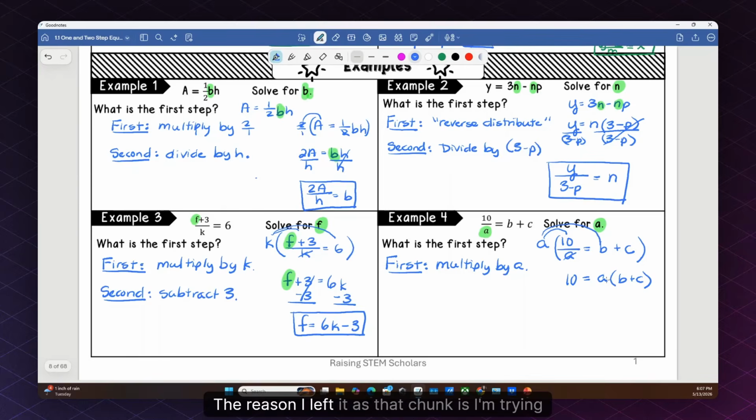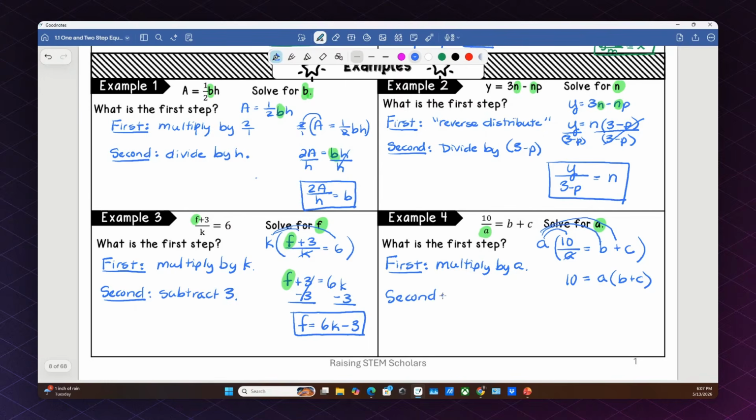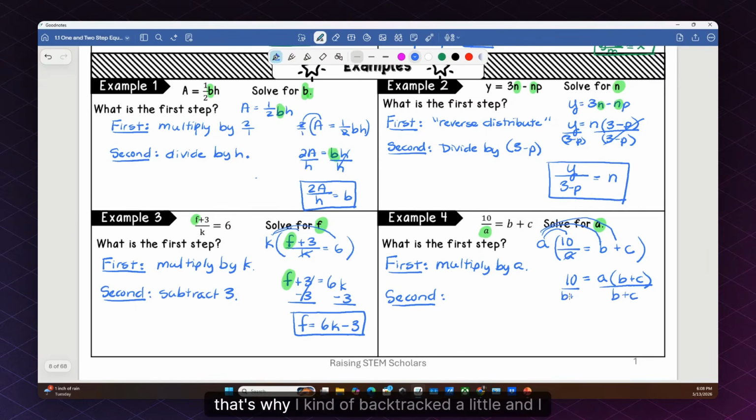Okay. The reason I left it as that chunk is I'm trying to get the a by itself. And so we are multiplying against all three things, but I can leave that thing on the right in parentheses like this. And so then it makes it easy as my second step to end up dividing by b plus c. Okay, that's why I kind of backtracked a little and I was like, wait a minute, I want to leave that together in parentheses.